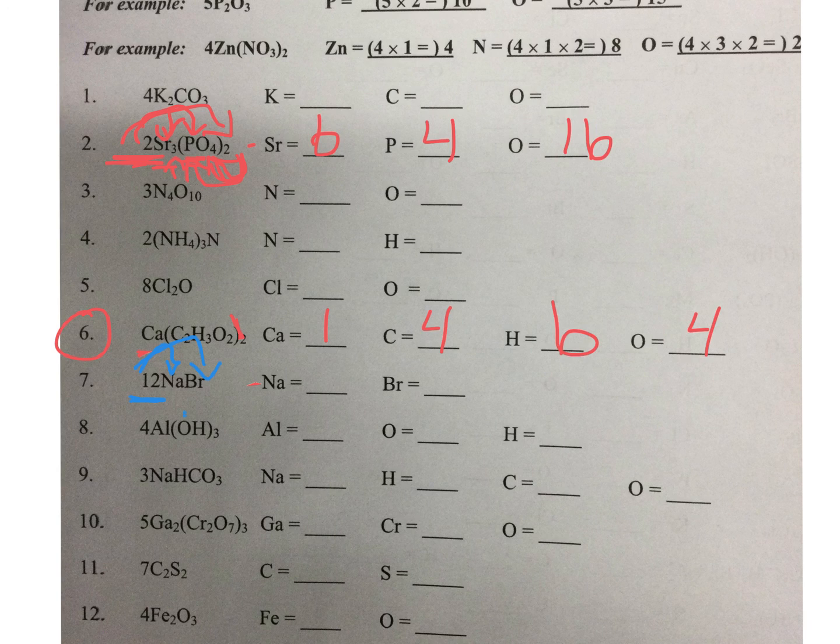So for sodium, you have 1 because there's no number, right? So 12 times that 1 is going to give you 12 sodium. And then for bromine, also, you don't have a number, and so that means it's a 1. So 1 times 12 also gives you 12 bromine. Good deal.